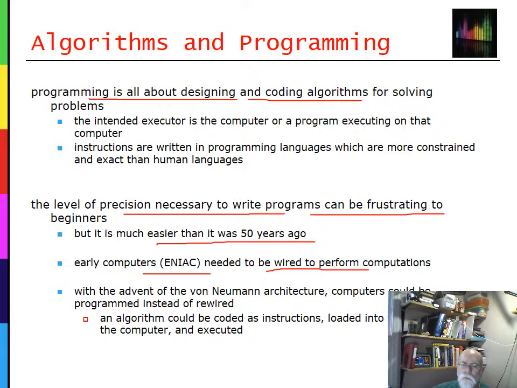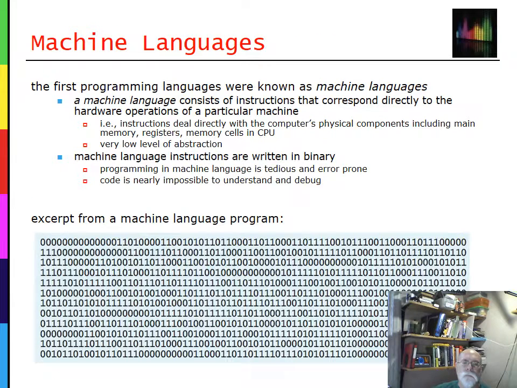With the von Neumann architecture, what we talked about yesterday, coding instructions became easier to handle. We still went from machine language, which here is an example of machine language, folks.